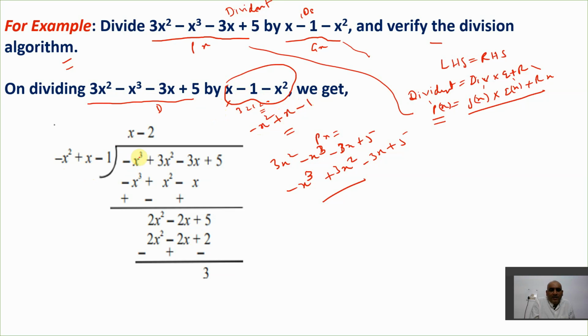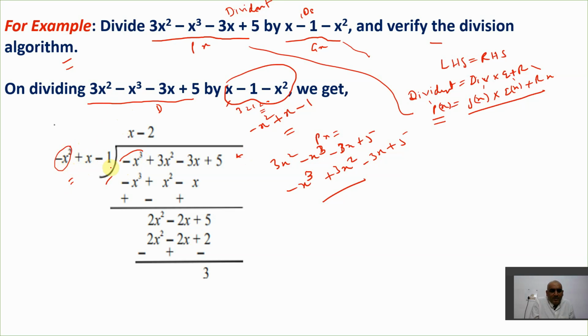So this is the dividend here, and this is the divisor here. Now, how to divide this? See, this is minus x square plus x minus 1. I'll put the dividend inside. Now see the first term, this is minus x square. See this term, minus x cube.